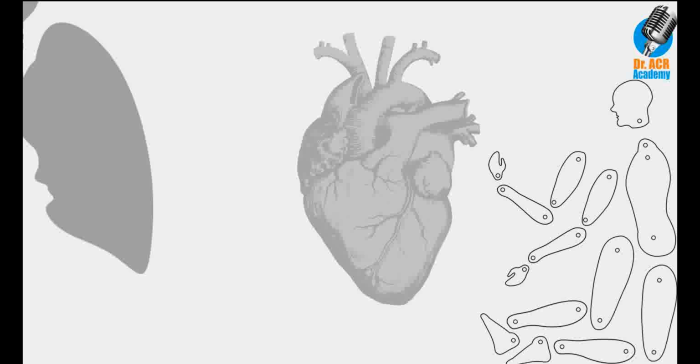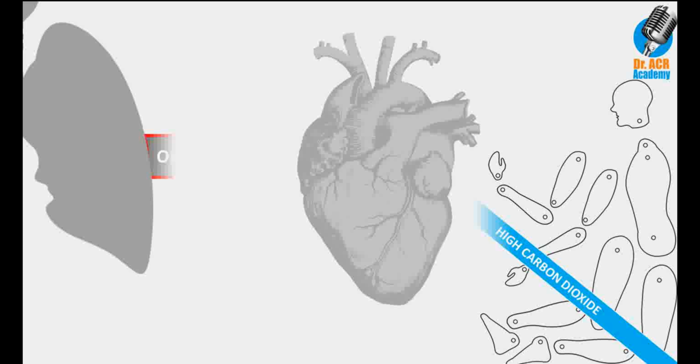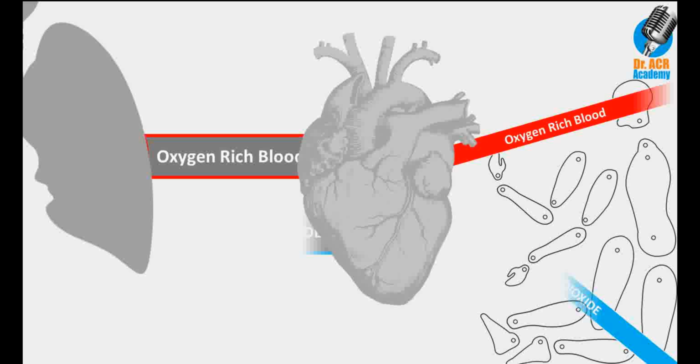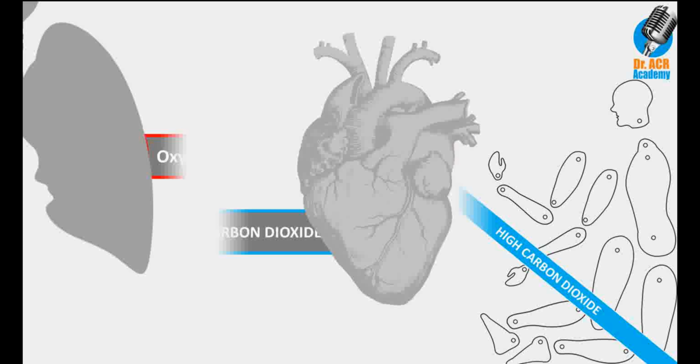In general, the heart sends oxygenated blood to the body parts for utilization, and the blood with carbon dioxide to the lungs for purification.